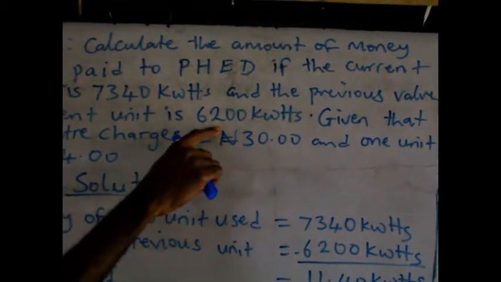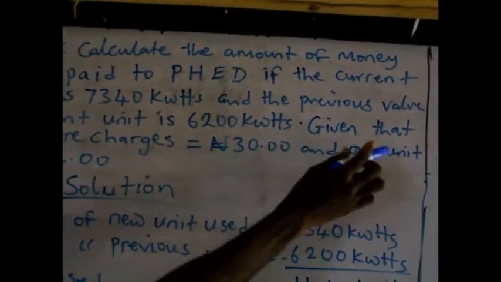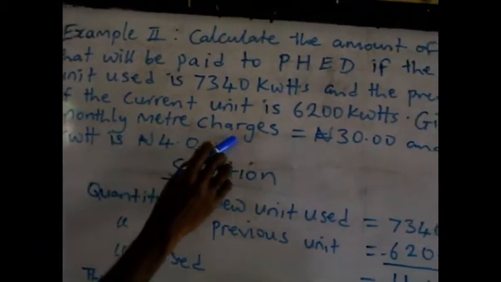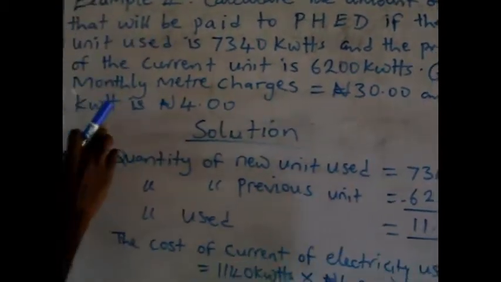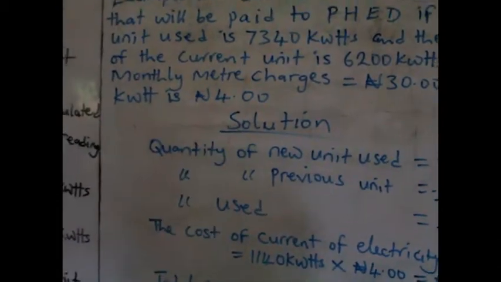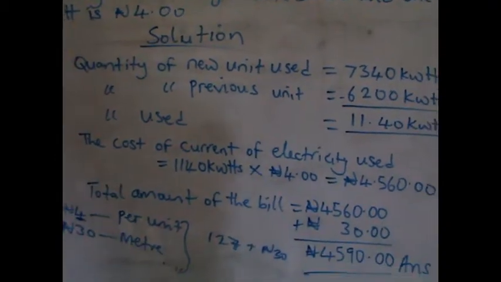So you subtract this from this. Given that the monthly meter charge is 30 naira and 1 unit per kilowatt is 4 naira. So all parameters have been given to you. Now let's look at the solution.